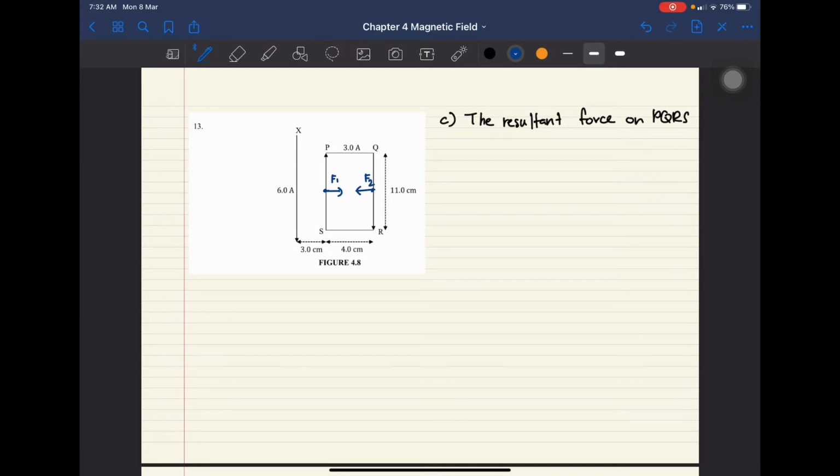So if I want to calculate F net, or maybe FPQRS, maybe I change this one to a different subscript, so FPS and FQR. It will be right minus left.